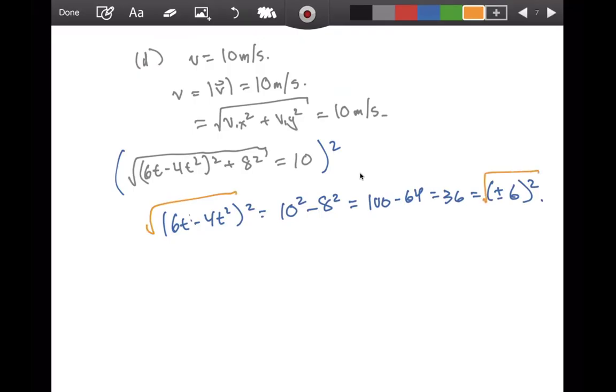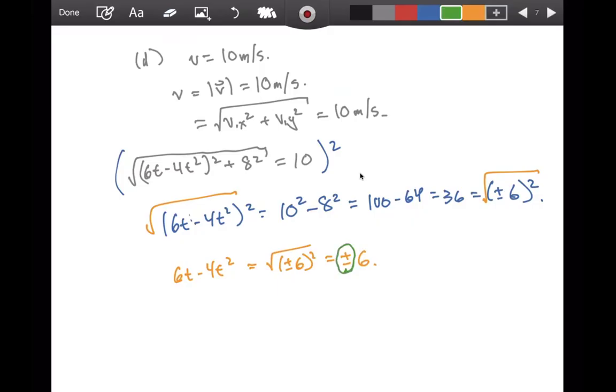So I get 6t minus 4t squared is equal to the square root of plus or minus 6 squared, which is plus or minus 6. Now, it's necessary, as we'll see in a second, to keep the plus or minus.